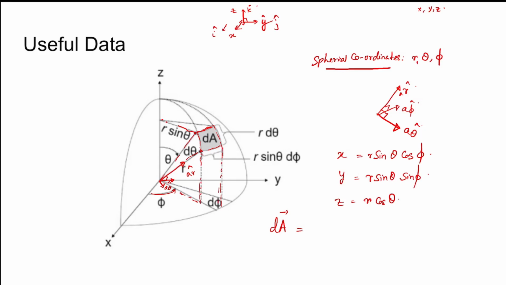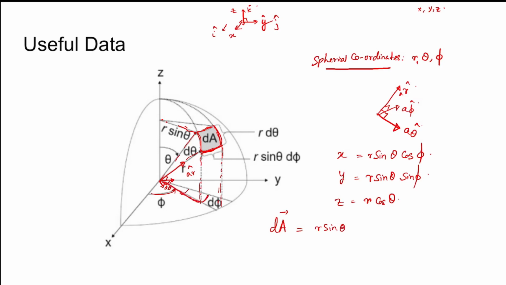Since it is small, you can assume it to be a rectangle. What is this length? The projection on the surface is r sin theta, and with d phi, this length is r sin theta d phi, because r sin theta is the radius.